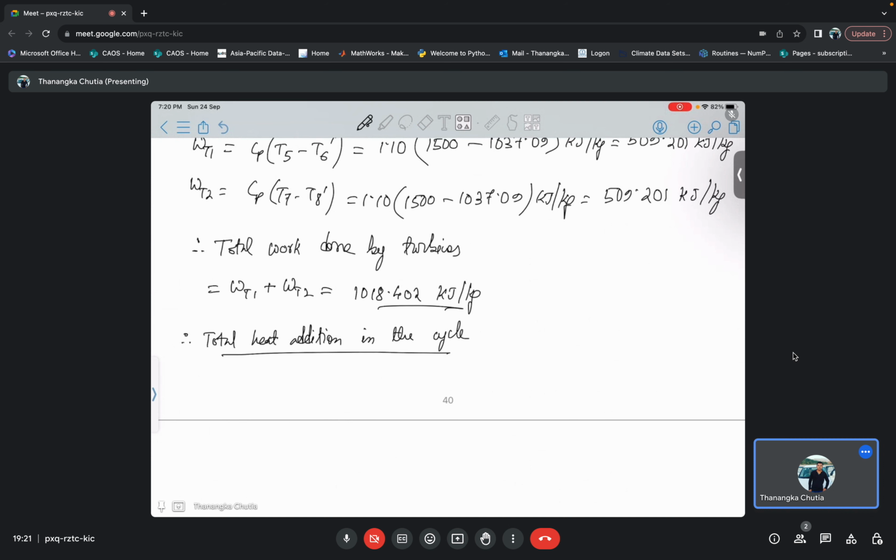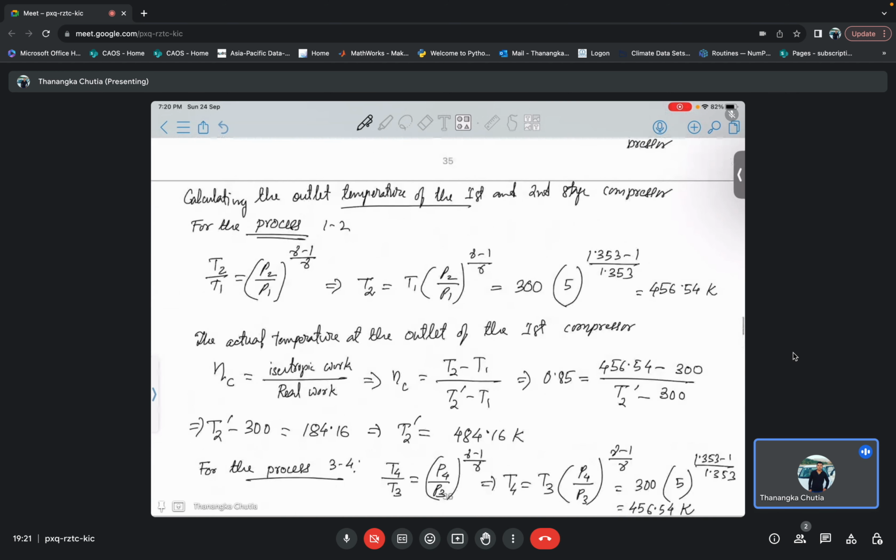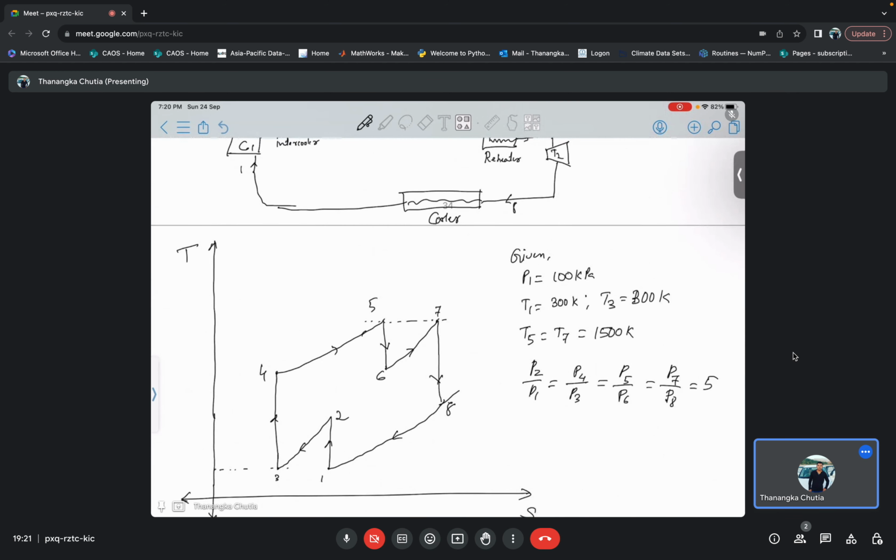That will be equal to heat addition in the combustion chamber and heat addition during reheating. The combustion chamber heat addition is the process 4 to 5, so basically 4 prime to 5.